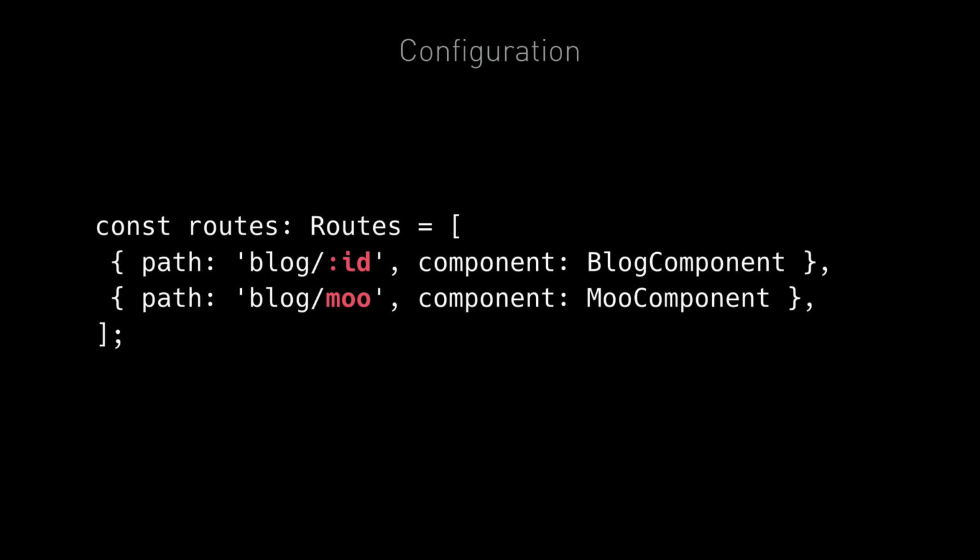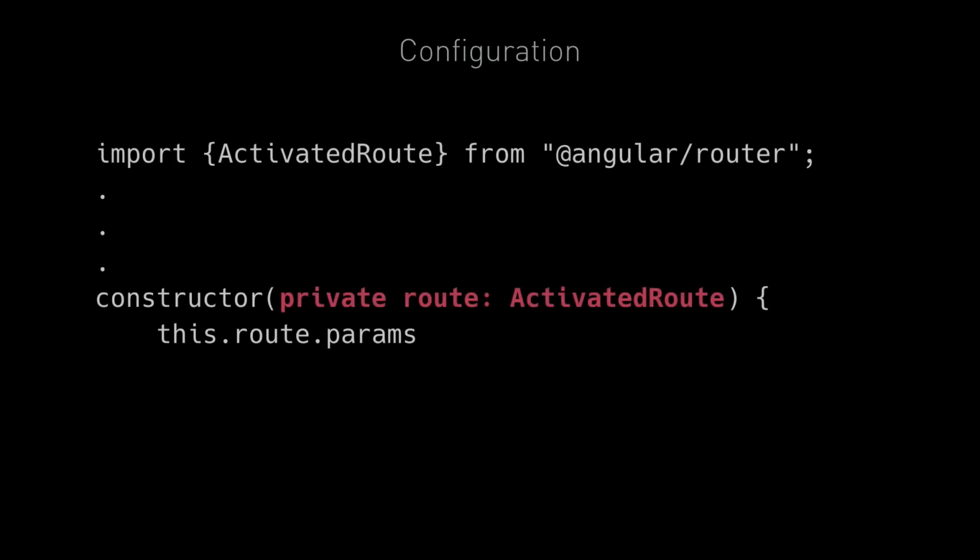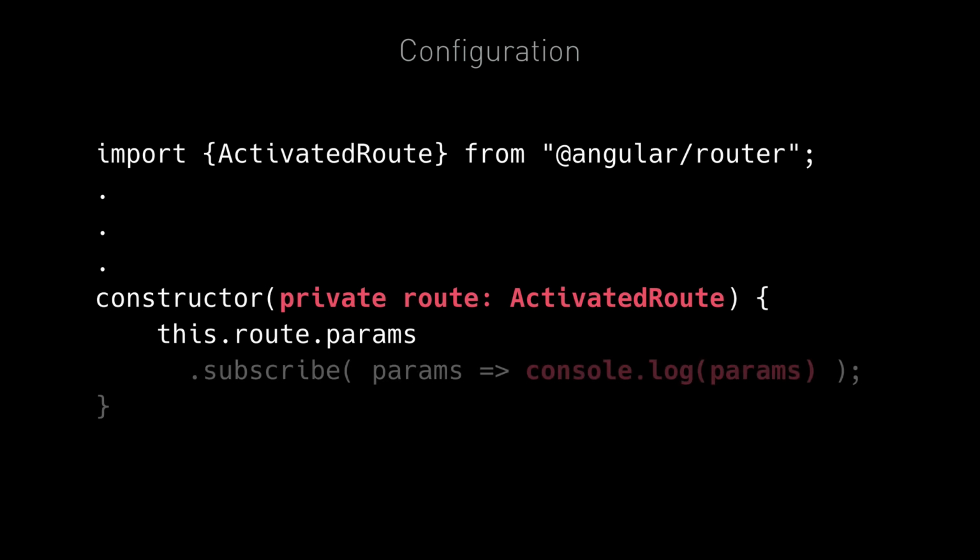But how do we actually pass into the blog component the value of the ID variable? If we visited /blog/1, how does blog component know that the ID is 1 and therefore to show the appropriate article? To do that, we use something called an activated route. We first import it and then we inject it into the constructor of our blog component.